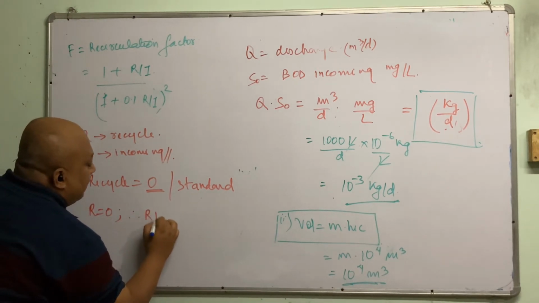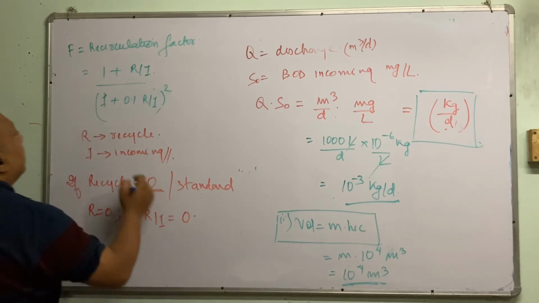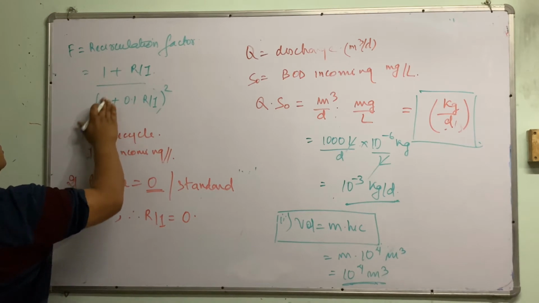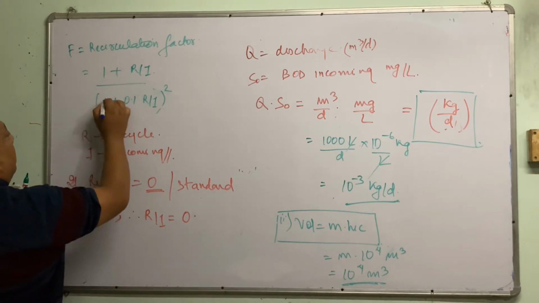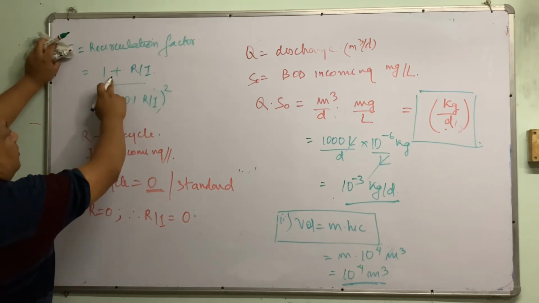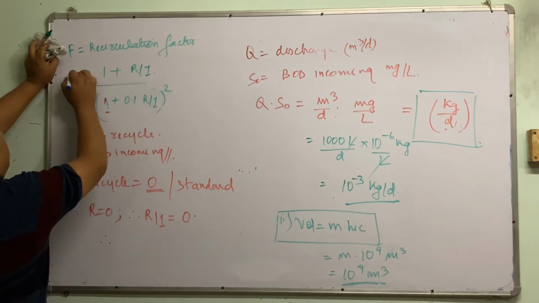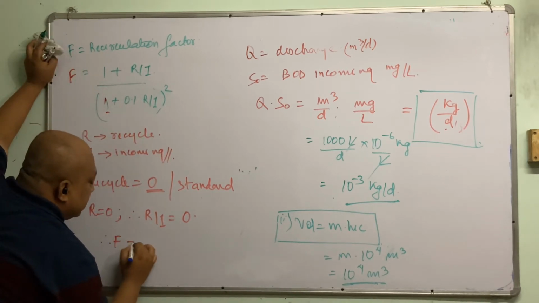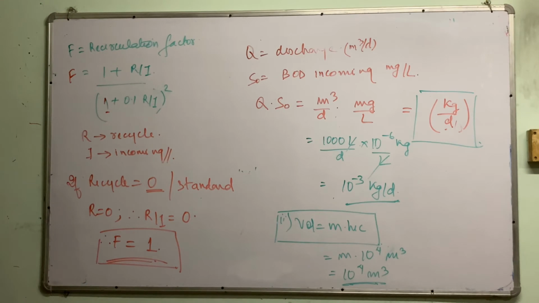Therefore, R by I is equal to 0, so this term will be 0 and F is equal to 1. This also you have to remember. Okay? Fine. Is that clear?